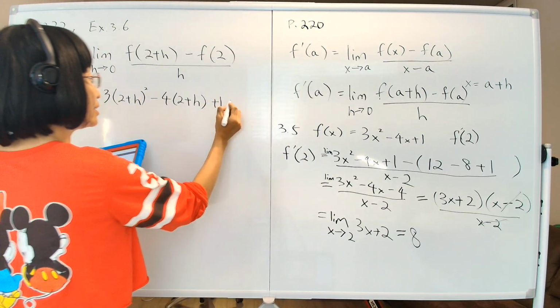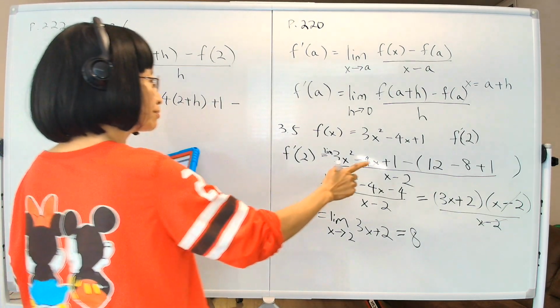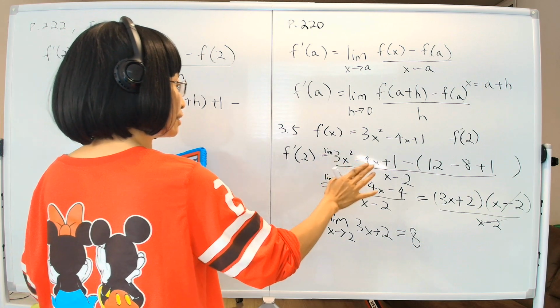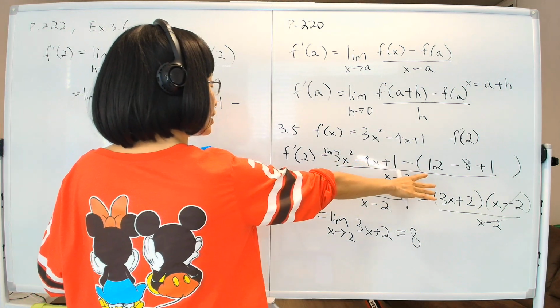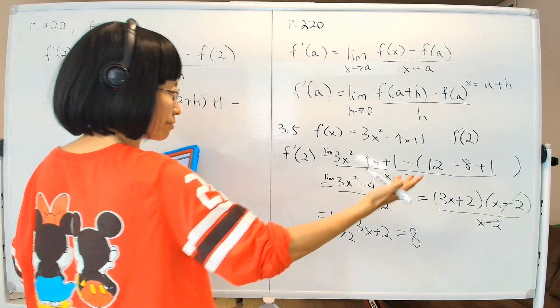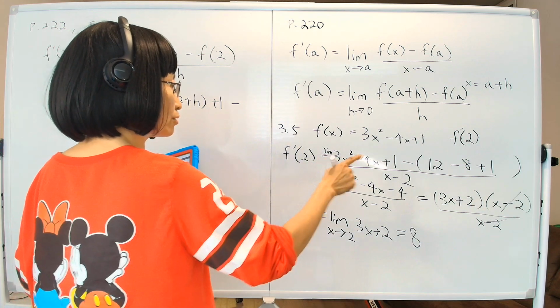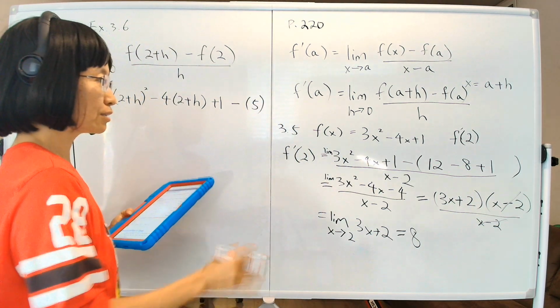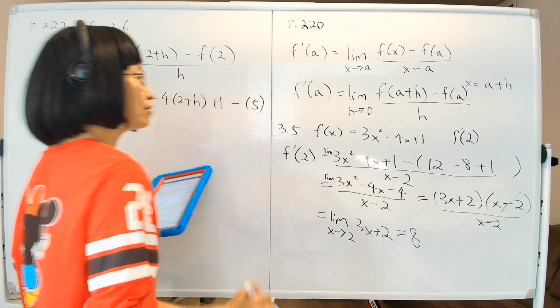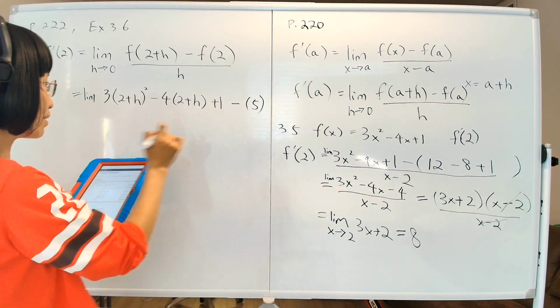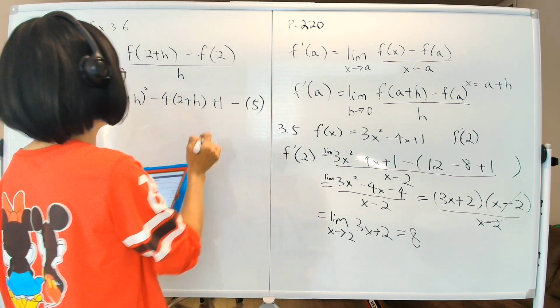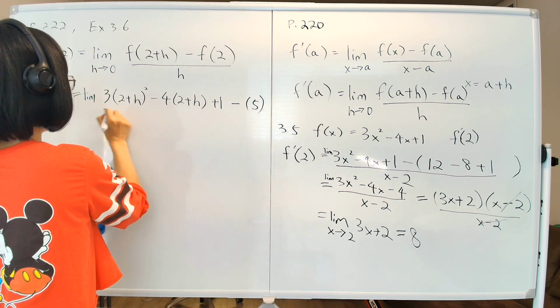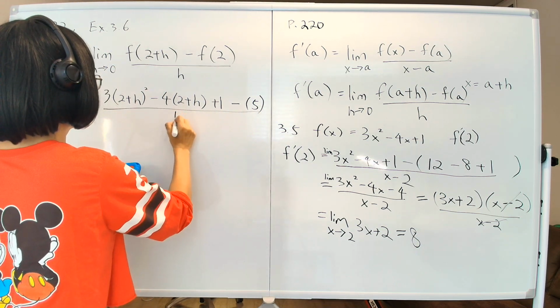And then minus f of 2, so you just put 2 in here. And we already calculated what f of 2 is, which is 12 minus 8 plus 1, which is 5. So that part we skim off what we did earlier, and then divided by h.